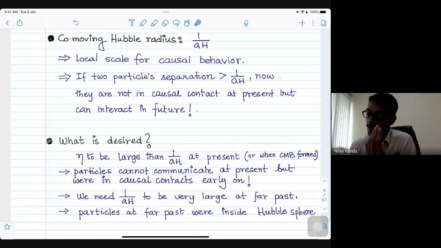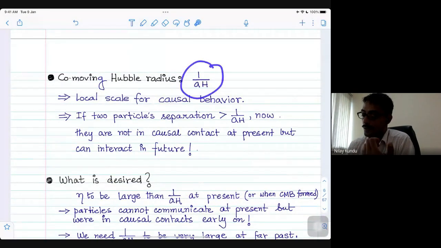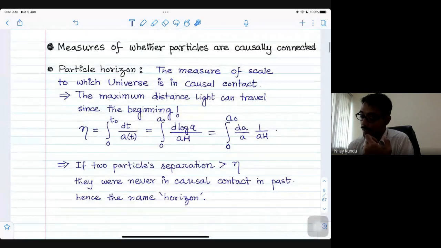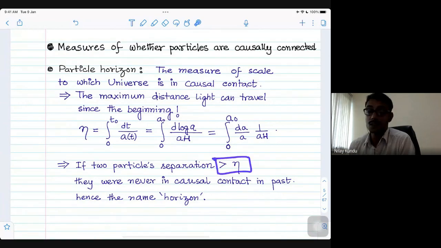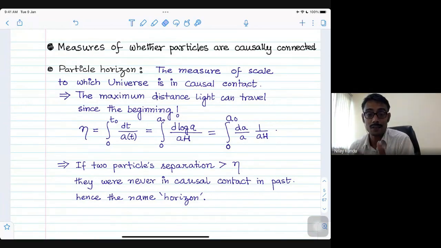So there is a subtlety in the difference between 1 over H and this eta. If two particles are separated by a distance which is larger than this eta, that means they were never in causal contact in the past. There is no way two of them can know something about each other.